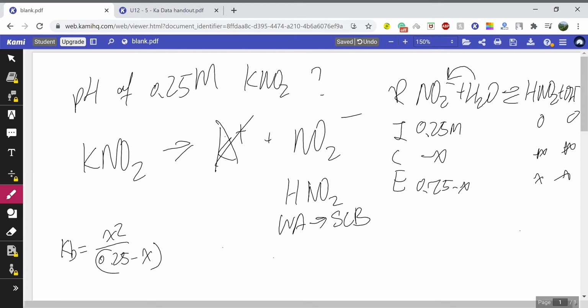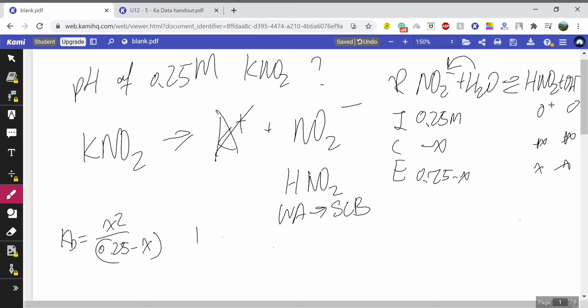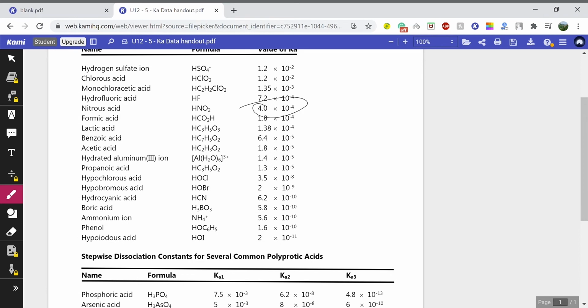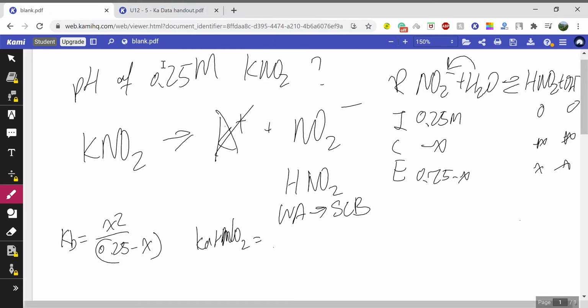Now in this equation, we're dealing with Kb, since we're producing OH minus. To find Kb, we must use the Ka of our conjugate acid, so the Ka of HNO2. Let's find HNO2 over here: 4.0 times 10 to the negative fourth.